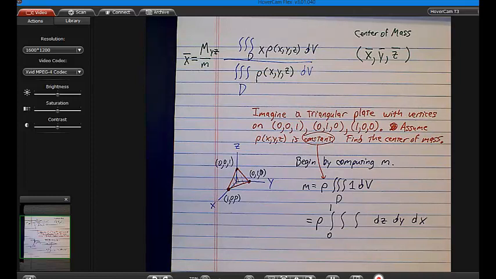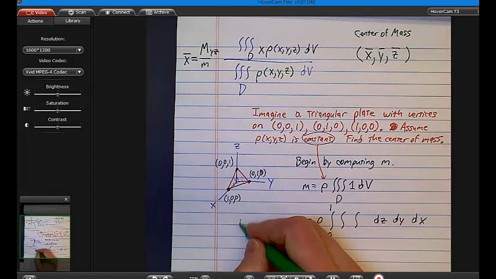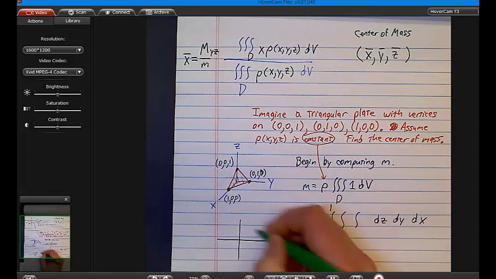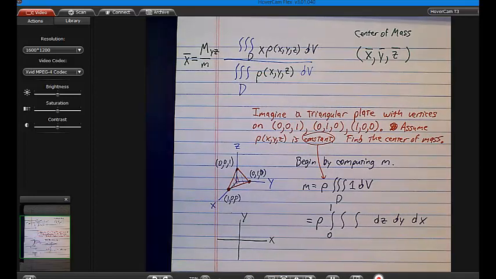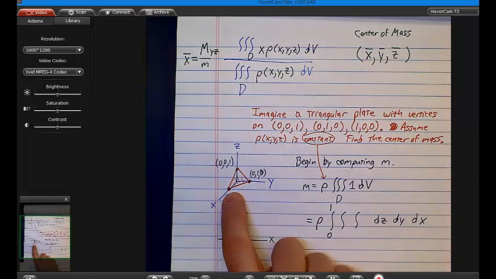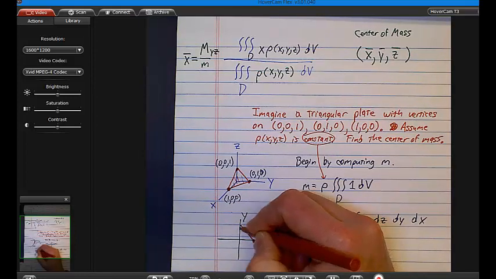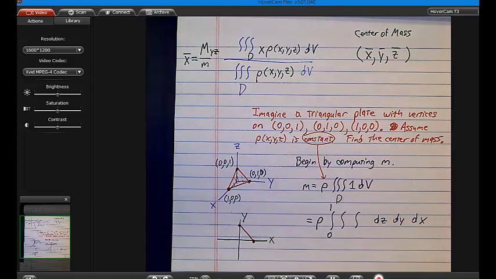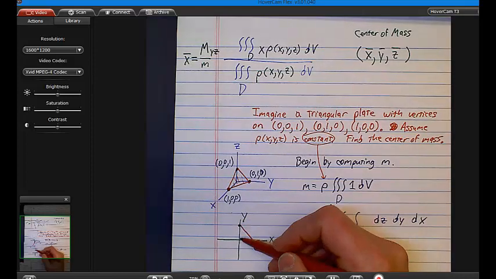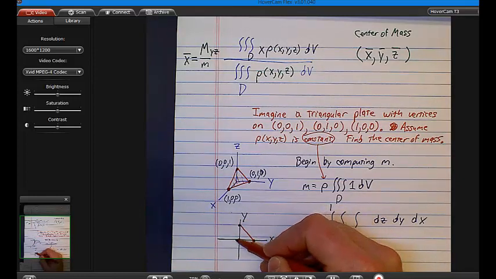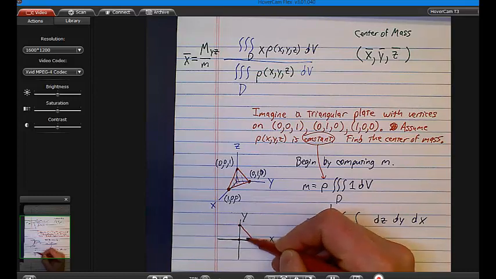So maybe I'll draw, remember I mentioned I'm going to draw more than one picture. Let me draw just the xy plane for a minute and forget about z. I just want to draw what this looks like. If we didn't have any z involved at all, this line is the only thing on the plane, going from 1, 0 to 0, 1, so that's the picture. And so when I say I'm integrating, I'm going from here to there.